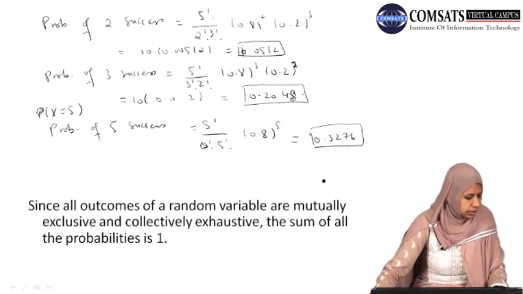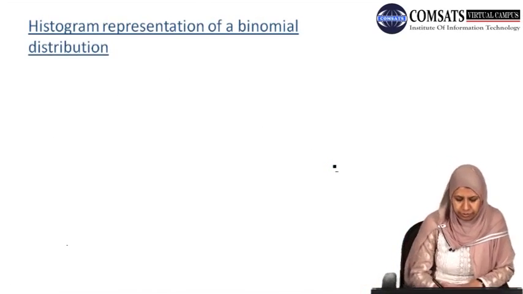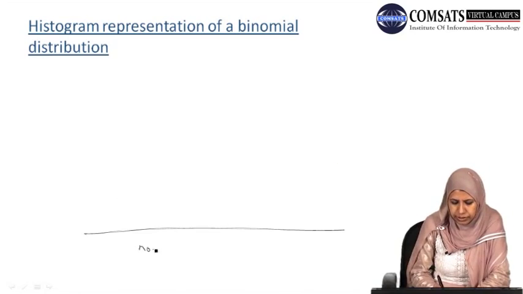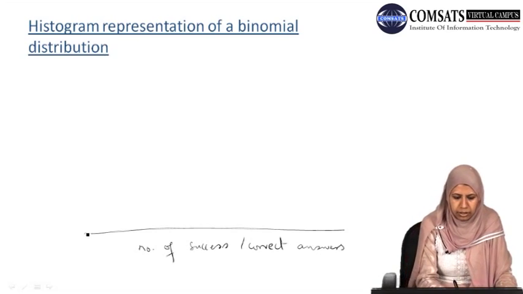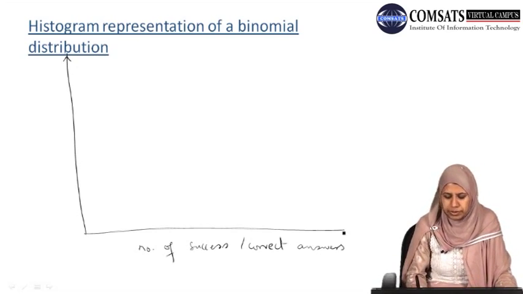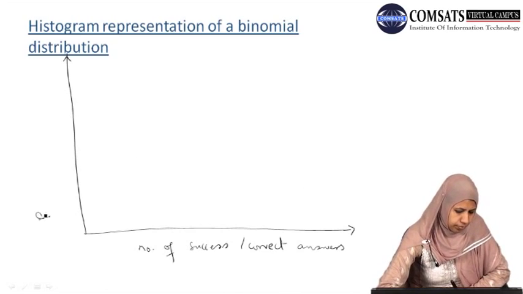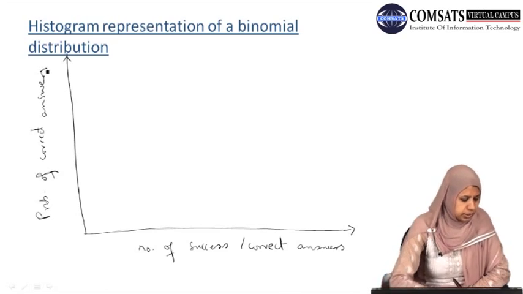And we can represent this with the help of our histogram. That is, if our x-axis represents the number of successes, or the correct answers, and our y-axis represents our probability of correct answers, that is probability of correct answers.